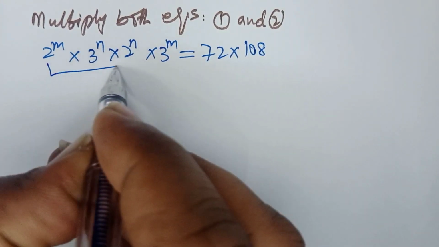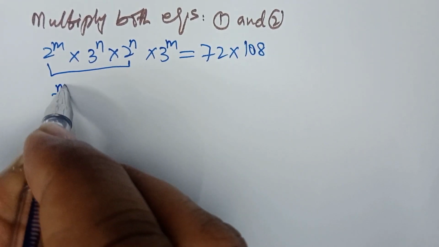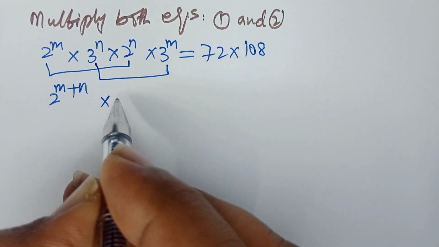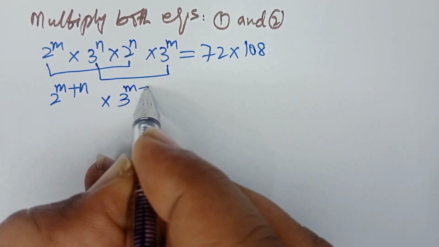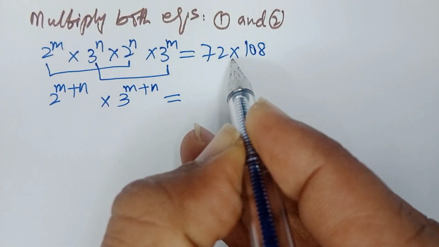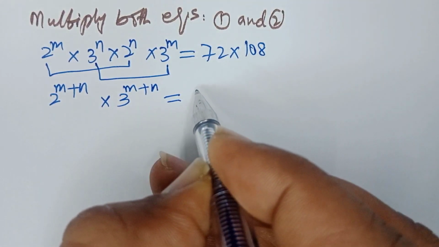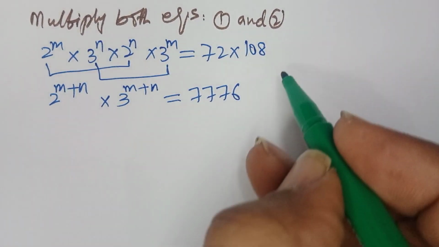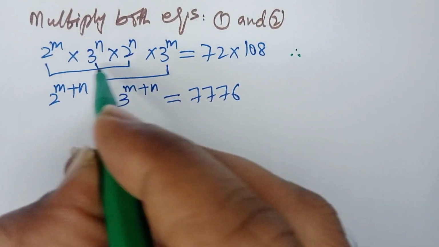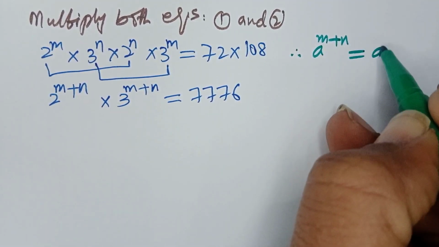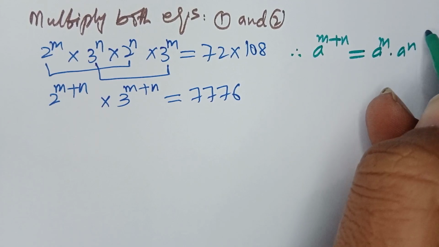Now, same base power add: 2 power m plus n into 3 power m plus n is equal to 72 multiplied by 108. It will be 7776. This is on the basis of the formula a power m plus n is equal to a power m dot a power n.